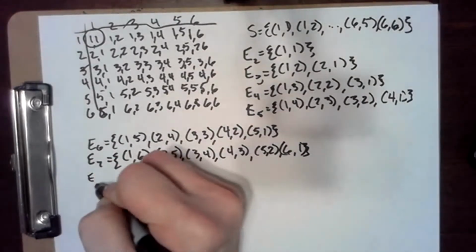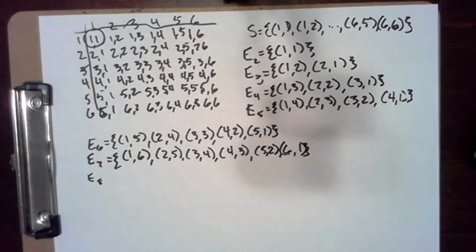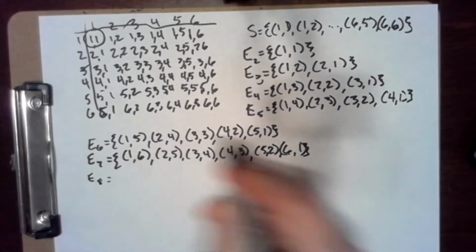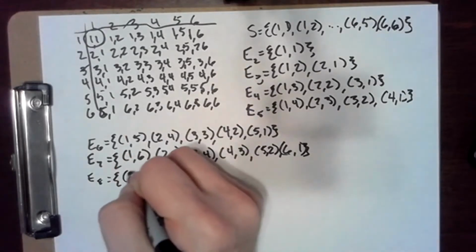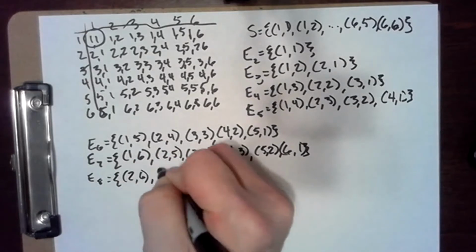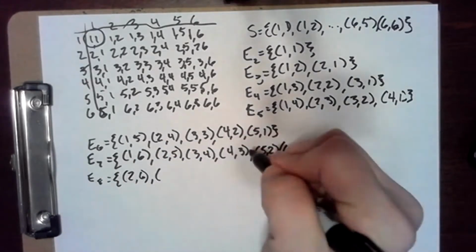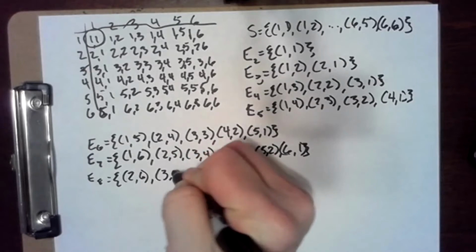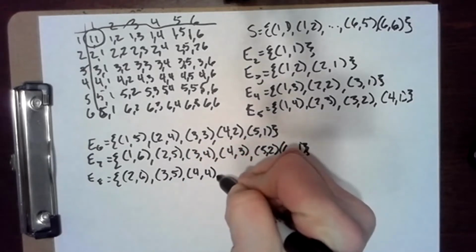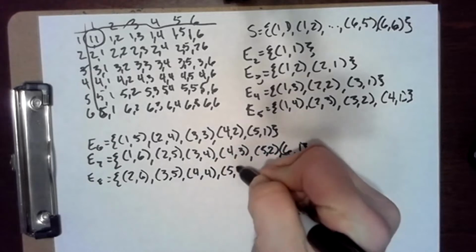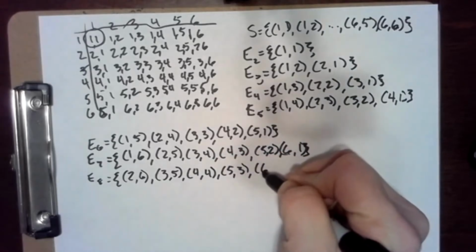So when we go to E8, we have to decrease that size because we can't have 1s anymore. Our first element is going to be (2,6). And then we will have (3,5), (4,4), (5,3), (6,2).